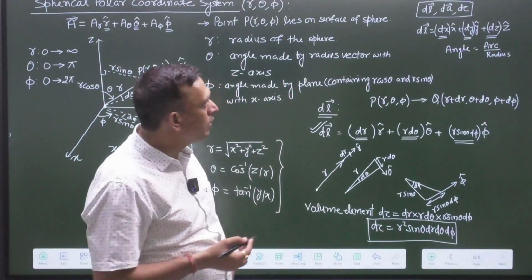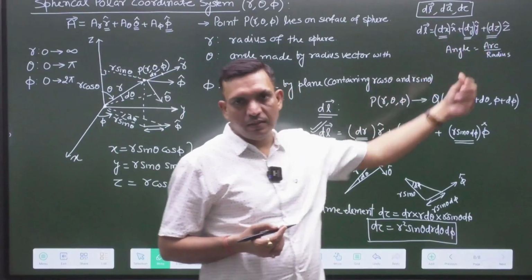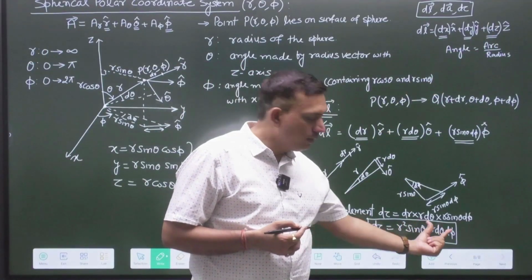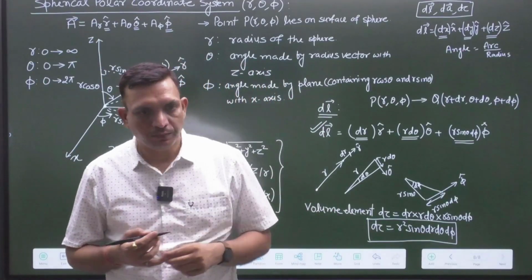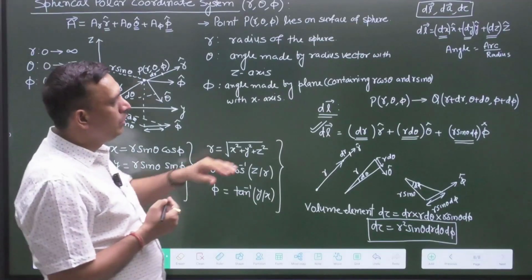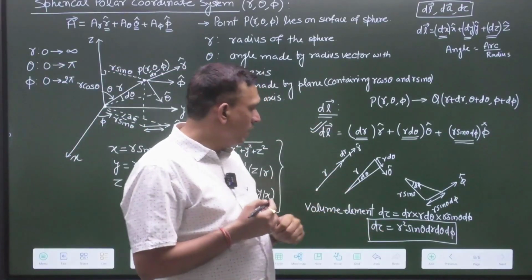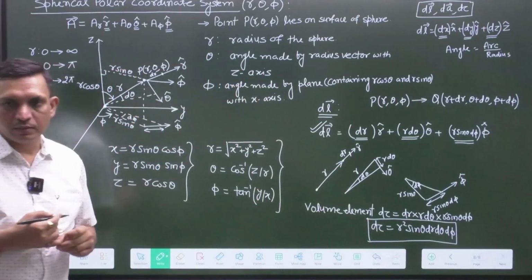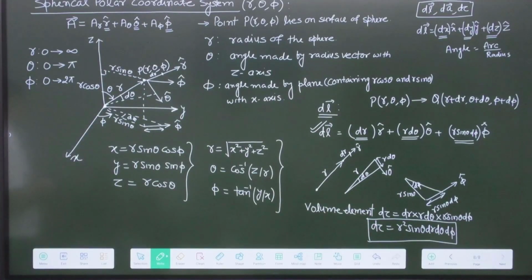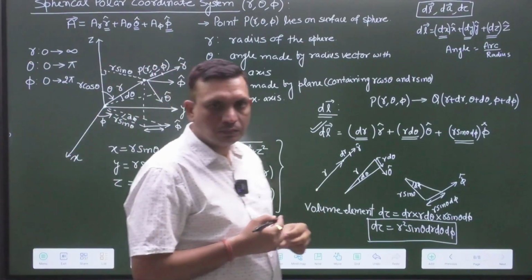In Cartesian coordinates, d tau is dx dy dz, but here it will be r square sin theta dr d theta d phi. So you know the dl vector and volume element in the spherical polar coordinate system. ठीक है?